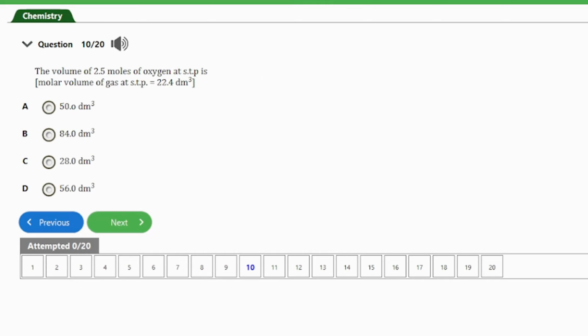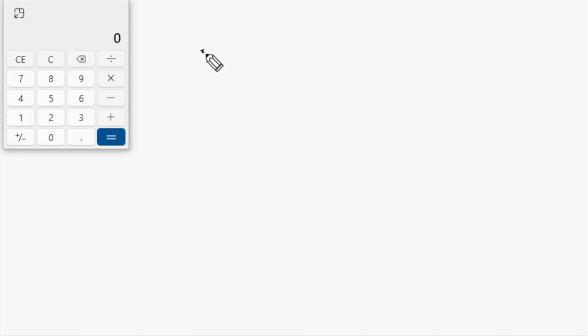Guys, that's question number 10 here. The question says the volume of 2.5 moles of oxygen at standard temperature and pressure is, this is a very simple one, so we are going to solve it together. 2.5 moles of oxygen.